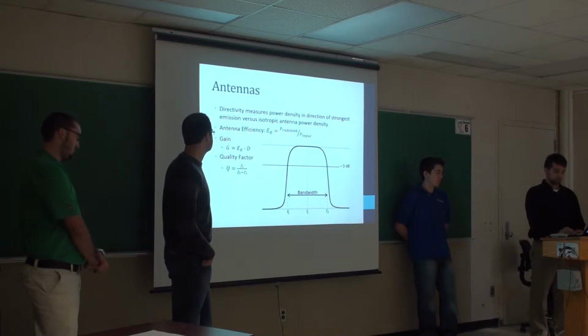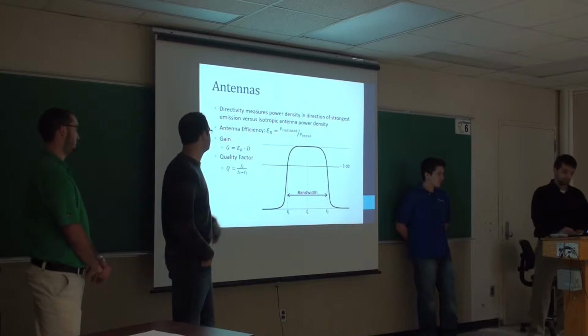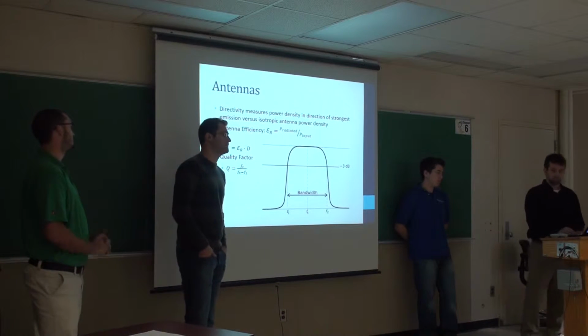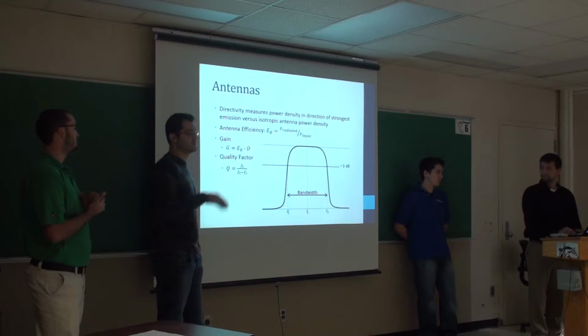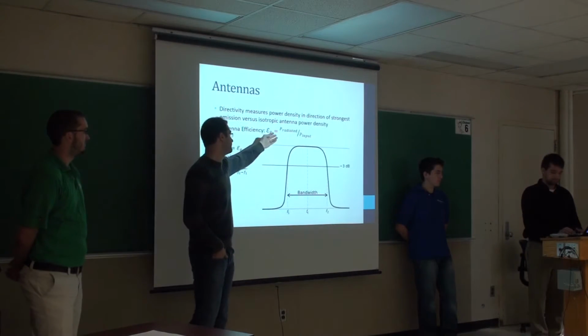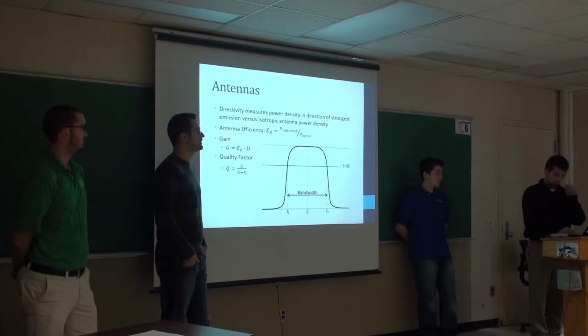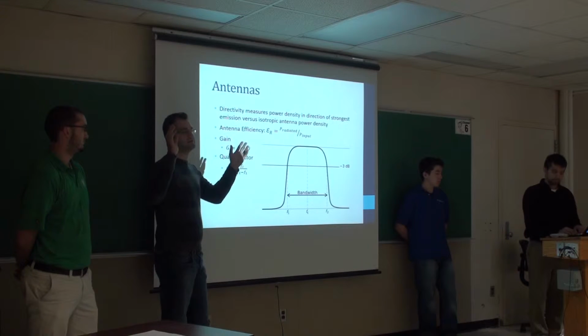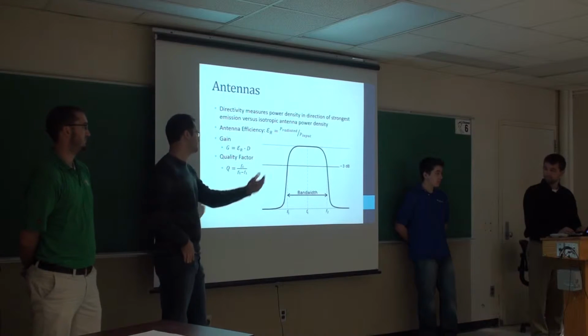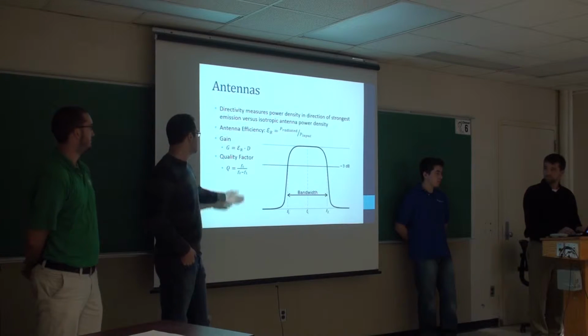This is how you would measure the gain of an antenna. You first want the directivity, and that's the power density in a certain direction over the power density of an isotropic antenna, which is an antenna that just radiates in all directions, doesn't exist in nature.